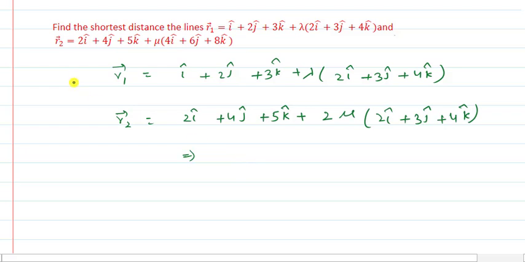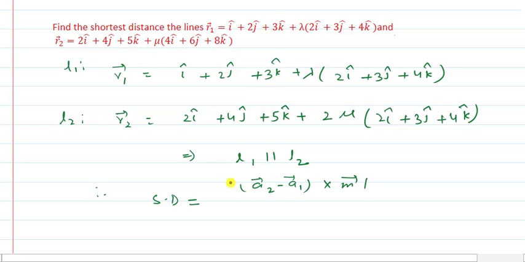Let me name these L1 and L2. So it implies that L1 is parallel to L2. Therefore the shortest distance is equal to modulus of (A2 minus A1) cross M, upon modulus of M.